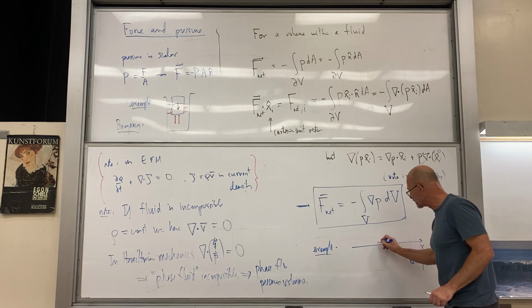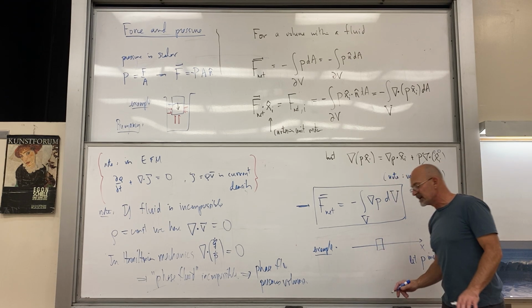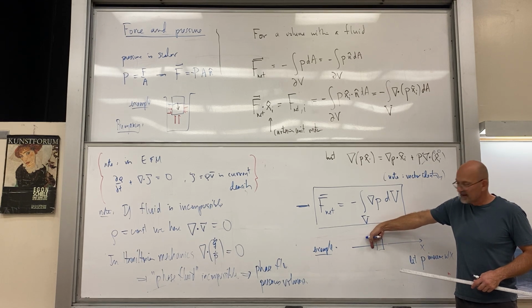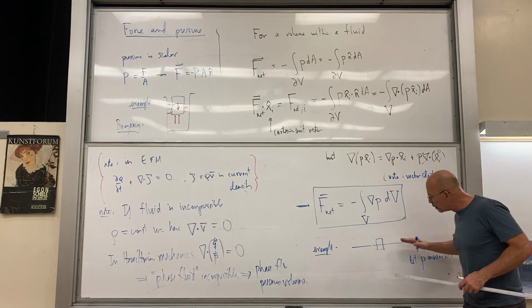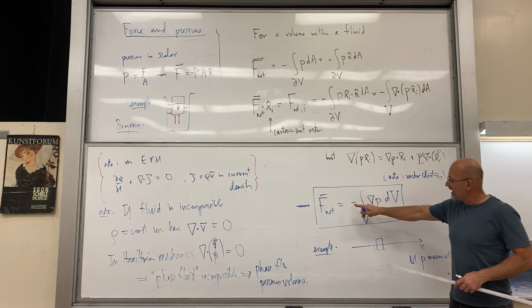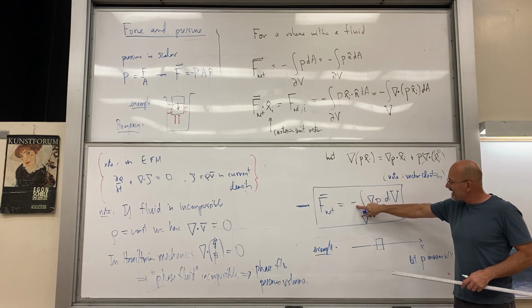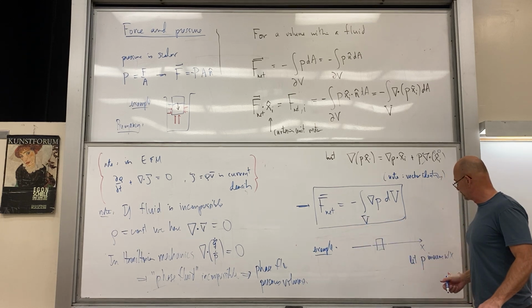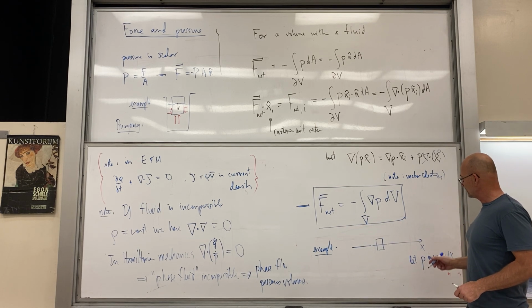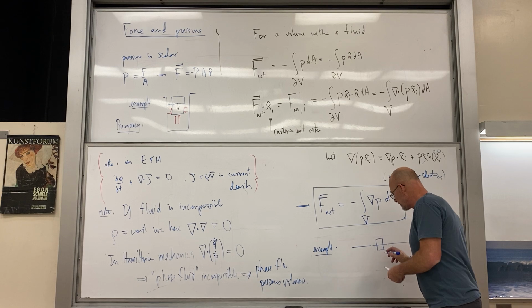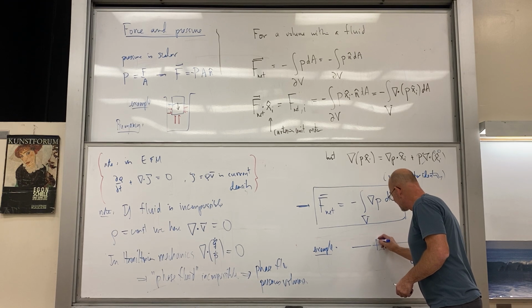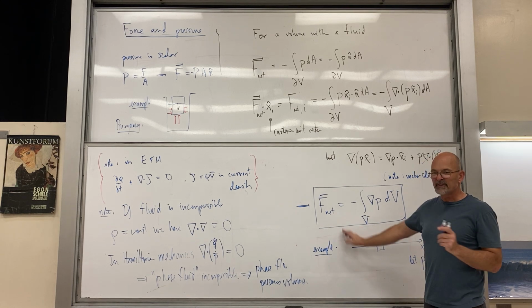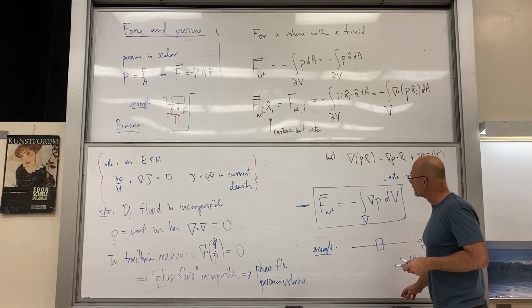Now just imagine a little object here. It means the pressure's higher on the right side than it is on the left side, and it's being pushed to the left, and F net is therefore minus this gradient here. Pushing to the left. So pressure is greater on this side, less on the other side, therefore it's pushed to the left. So you guys put that in words and put that in your notes. That's a good example.